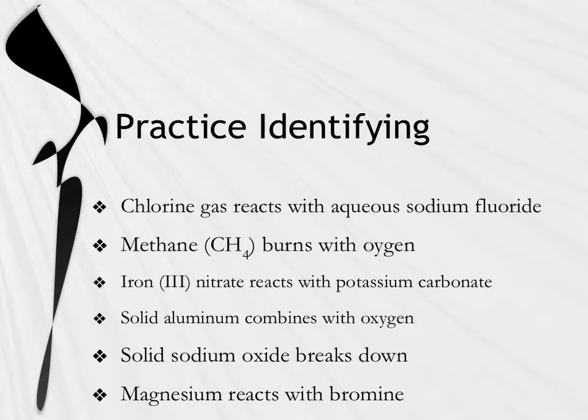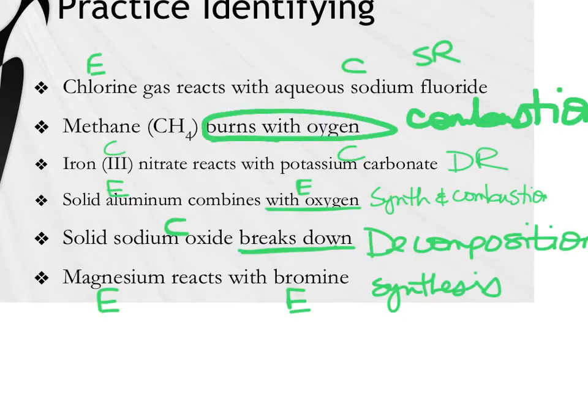Look at these and pause the video and try to identify, based on whether it's an element or compound reacting, what each one is. All right, let's see how you did. Chlorine's an element, and it's reacting with sodium fluoride. That's a compound. So an element plus a compound, that's a single replacement reaction.